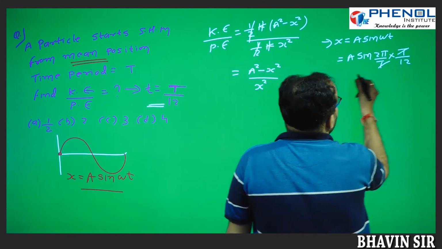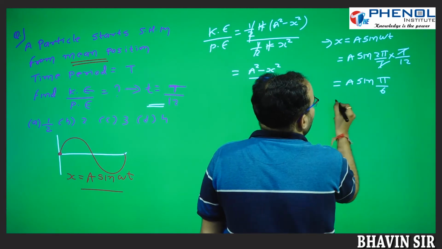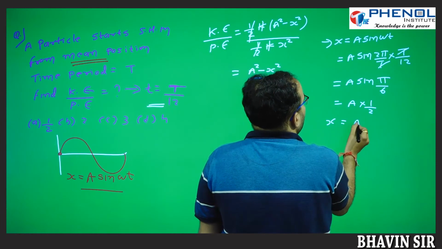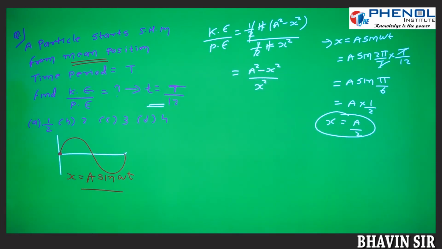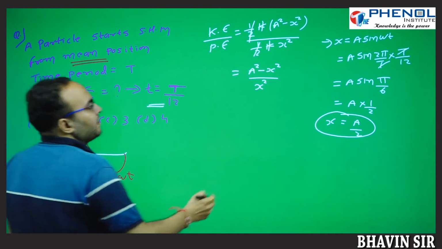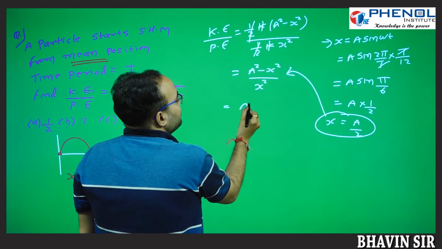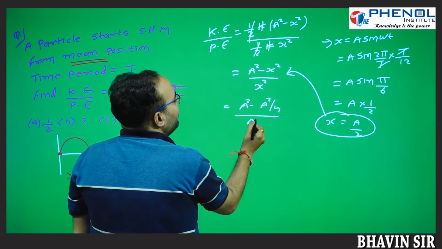So T cancels, so A sin pi by 6, and sin pi by 6 is 1/2. So what is x here? A by 2. Okay, so place the value of x. So x equals A by 2, but it's squared, so A square by 4.